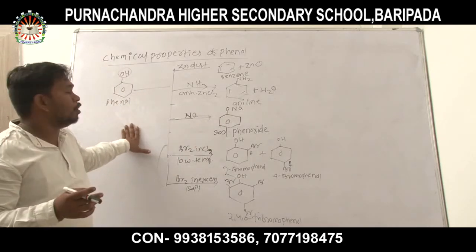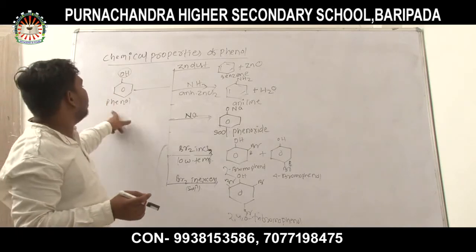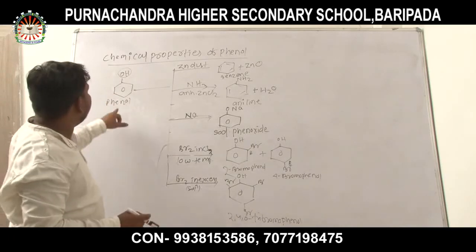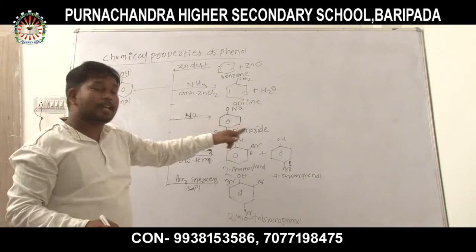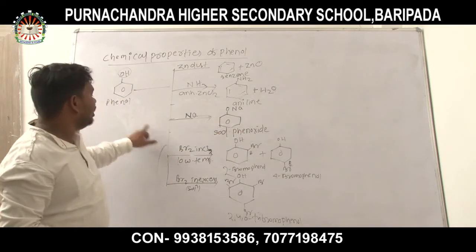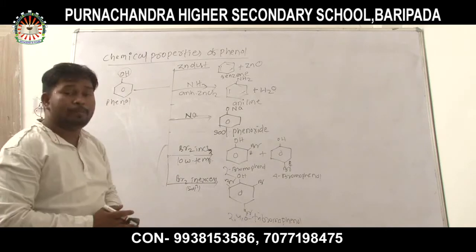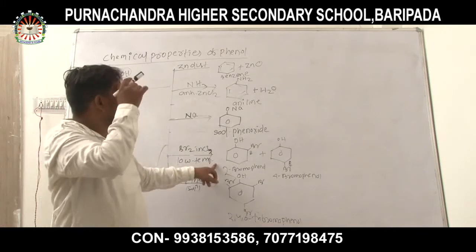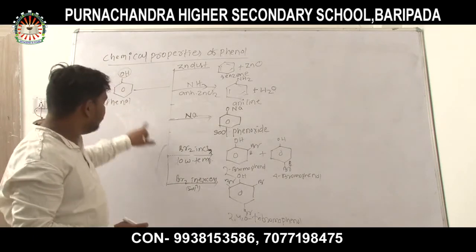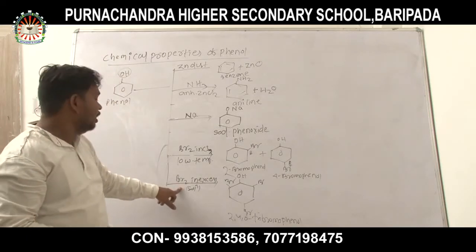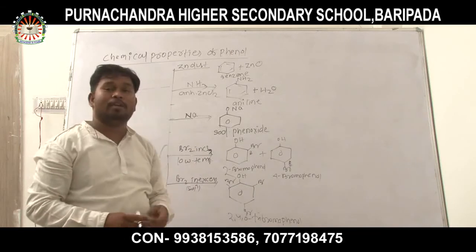In examinations the question arises: convert phenol to aniline. Similarly, when phenol is treated with sodium, then sodium phenoxide is formed. When phenol is treated with bromine in CS2 at low temperature, then 2-bromophenol and 4-bromophenol are formed. Similarly, with excess bromine water, 2,4,6-tribromophenol is formed.